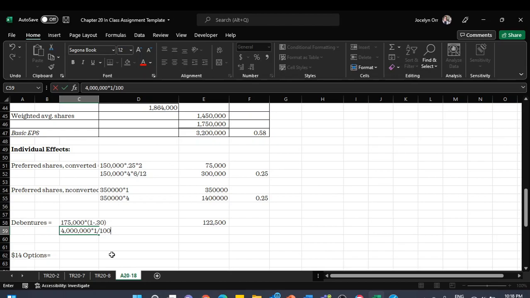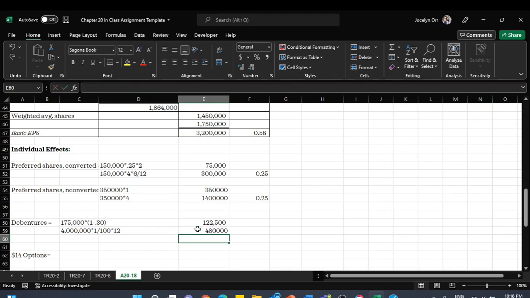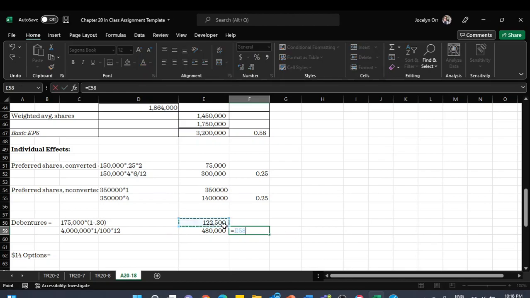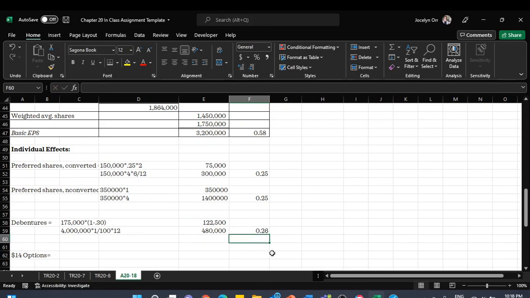And for every $100 of that, we can convert into 12 shares. Times 1 over 100 times 12 gives us an amount of 480,000. Okay, and that gives us an individual effect of 26 cents. That is so far the most dilutive, right?